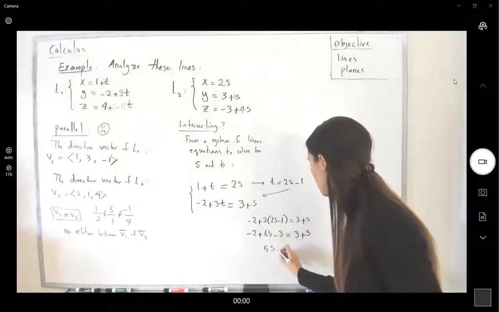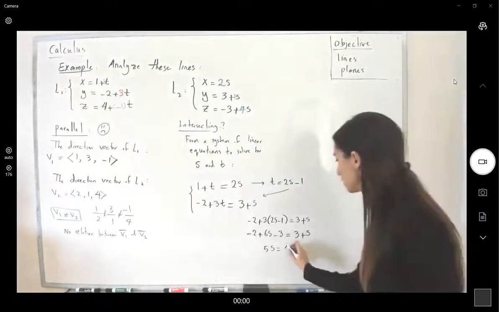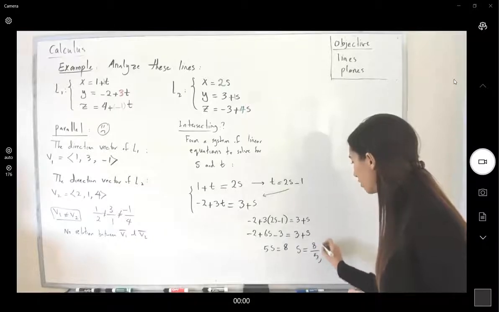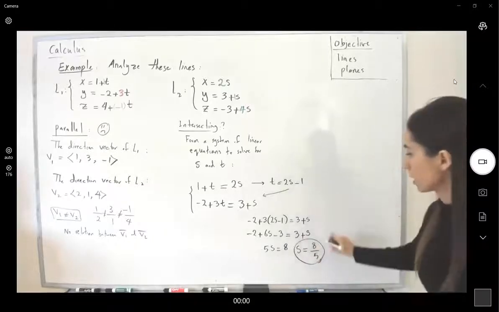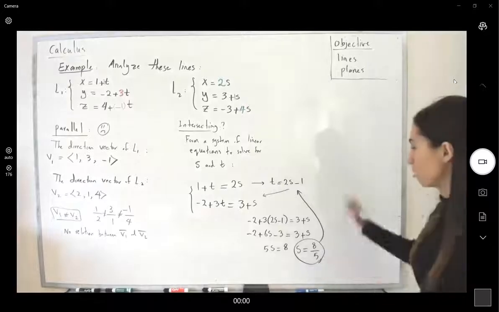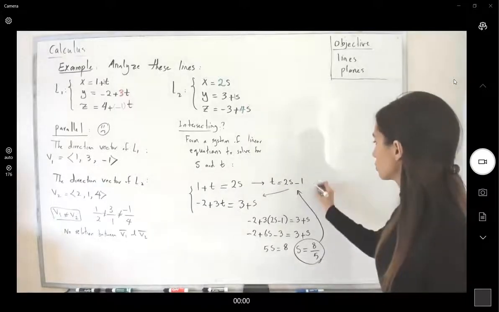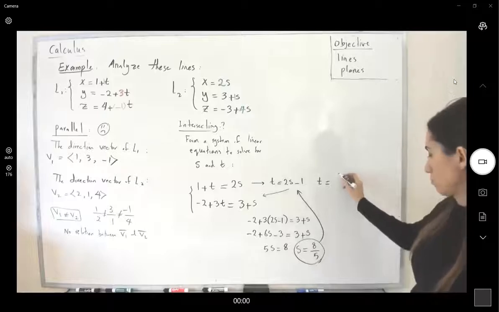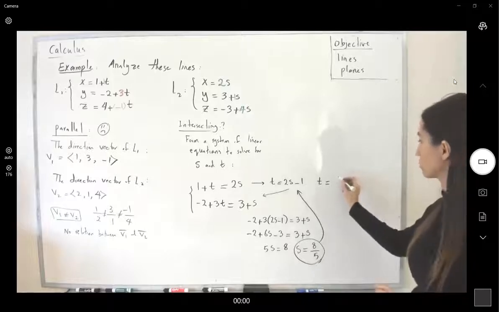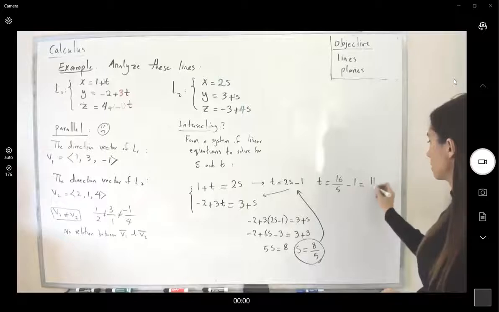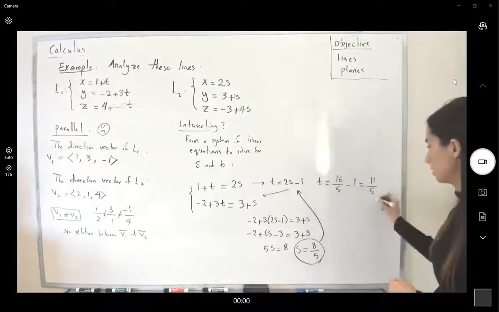So 5s is equal to 8, or s is 8/5. Now you can plug that back into the equation between t and s and solve for t. So t is equal to 2 times 8/5 minus 1, which is 11/5. This is our t.